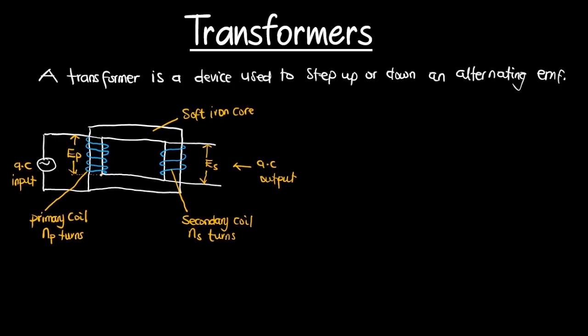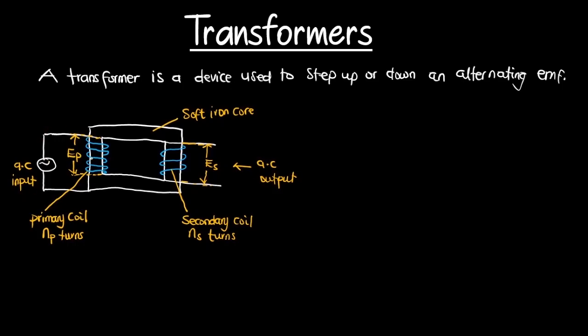Basically, this white one is just for labeling purposes. So this is a general overview of what a transformer is. It has a primary coil and a secondary coil wrapped around a soft iron core. Then it has an AC input and the AC output.